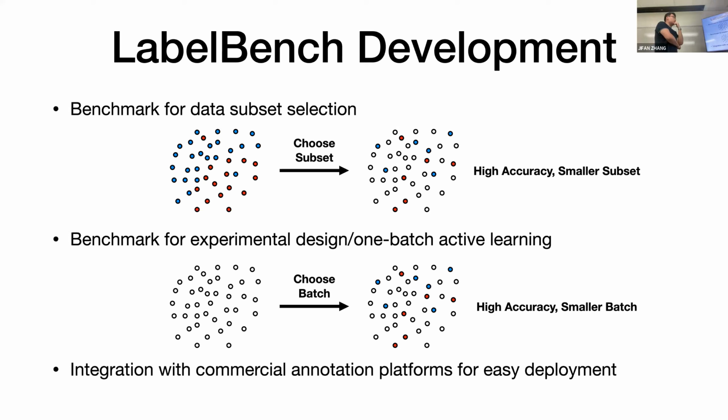I have hinted at this before, but you can also use it for data subset selection. If your goal is not to train a model by annotating efficient data points, but to choose a subset of the data you already have, there's no reason why you can't use a pre-trained CLIP model in the process.